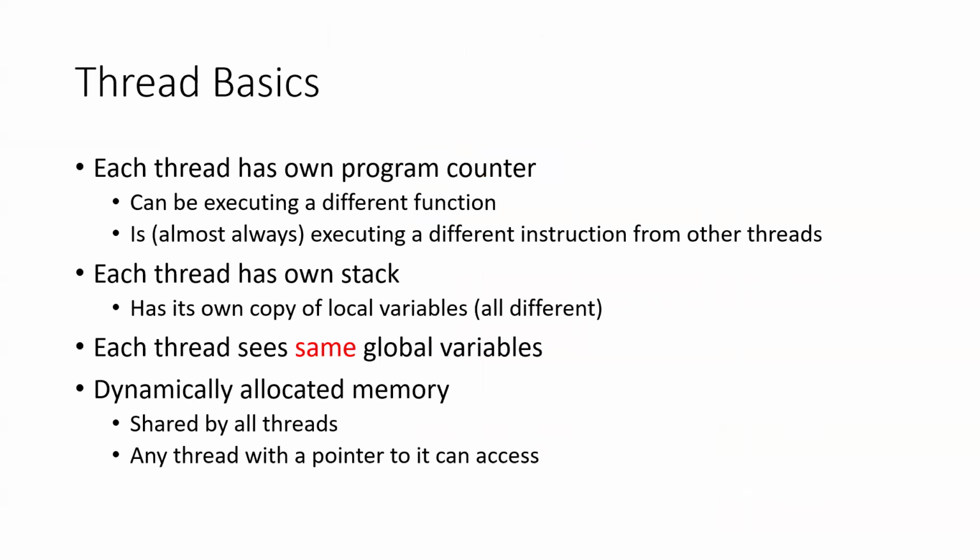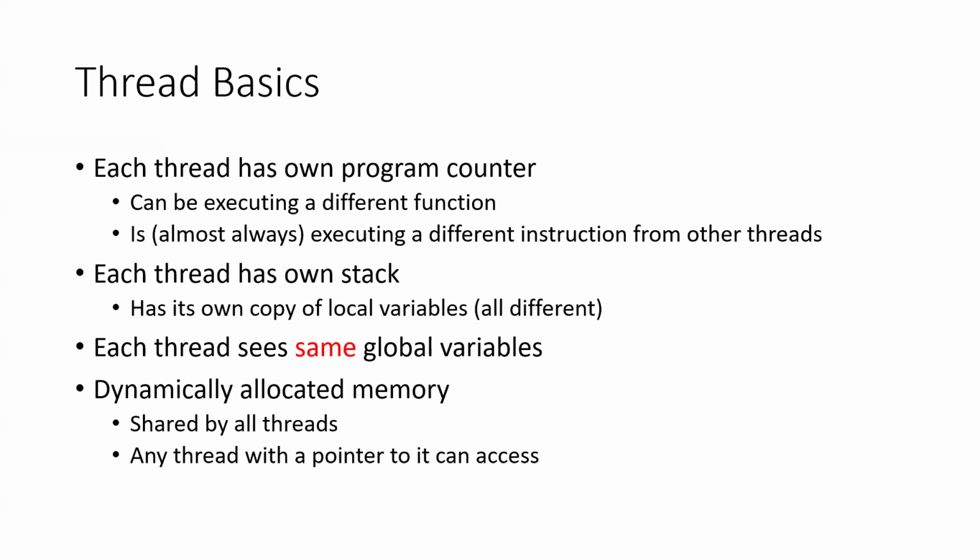So thread basics, just repeating: each thread has its own program counter. So it can be executing a different function and is almost always executing a different instruction from other threads, or it could be executing the same instruction as other threads, which could cause problems.